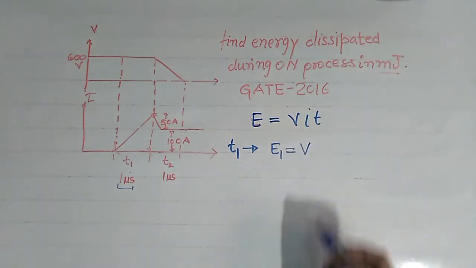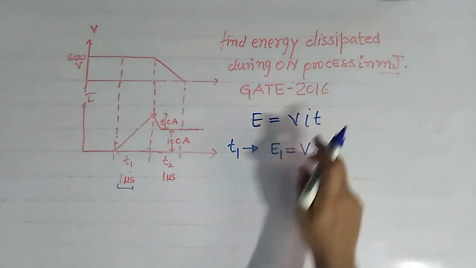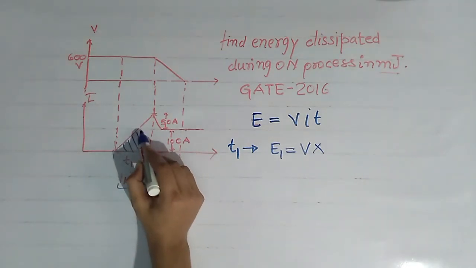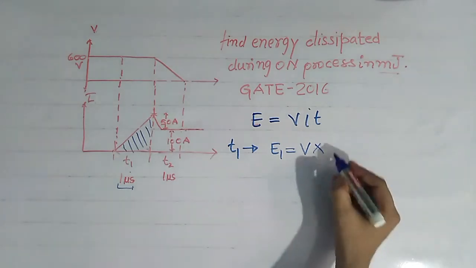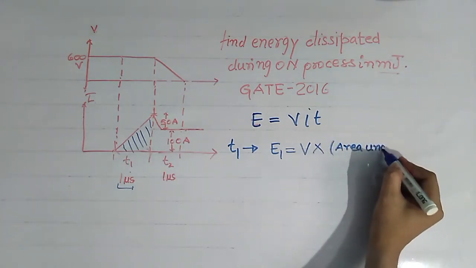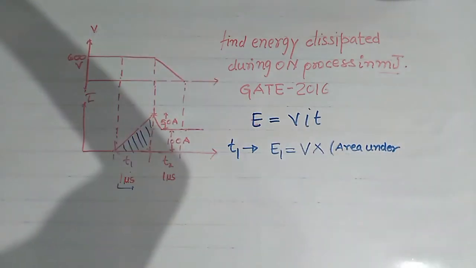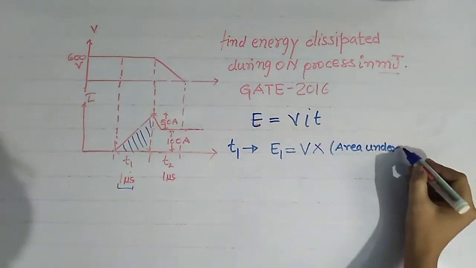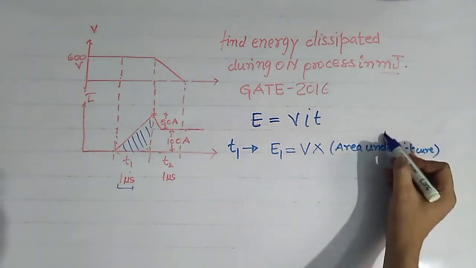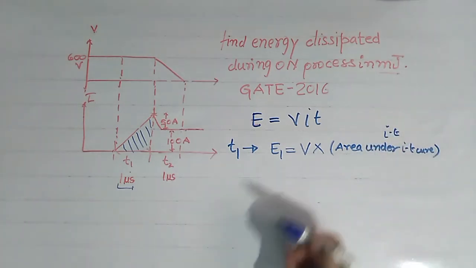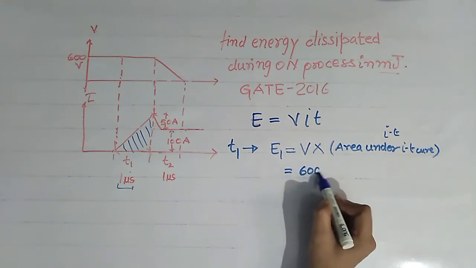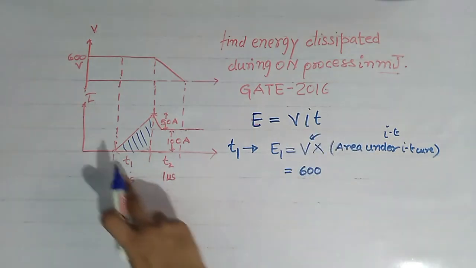Now what is IT? IT is simply area under this IT curve. So it simply gives IT. So E1 is equal to V, that is 600 volt, that is constant. And what is area under IT curve?